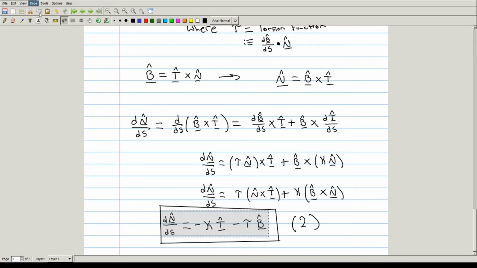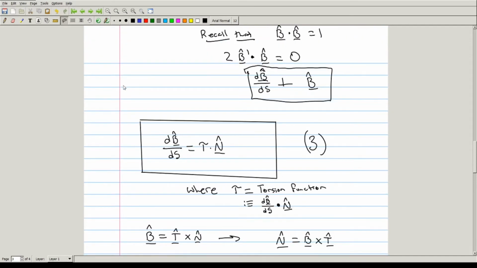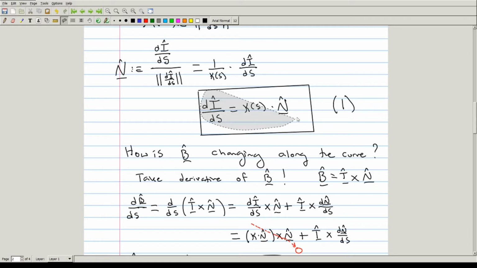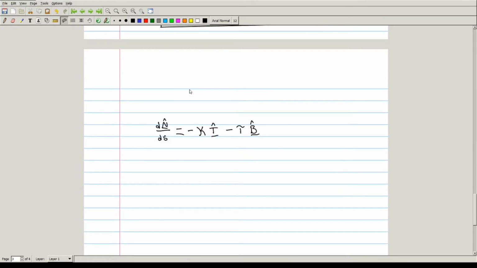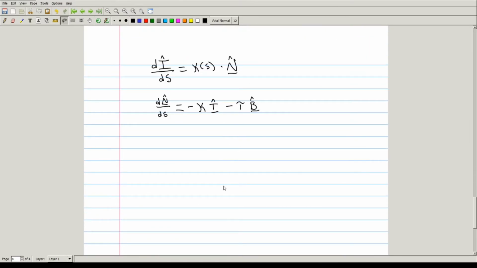So if I take, on the next page, and copy each one of these formulas that we've derived, you will hopefully see the beauty of what it is that we've done.